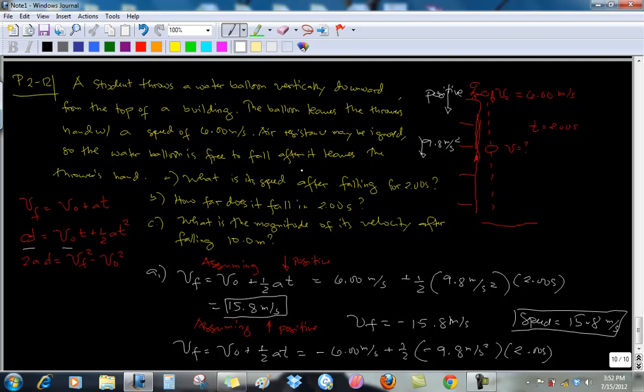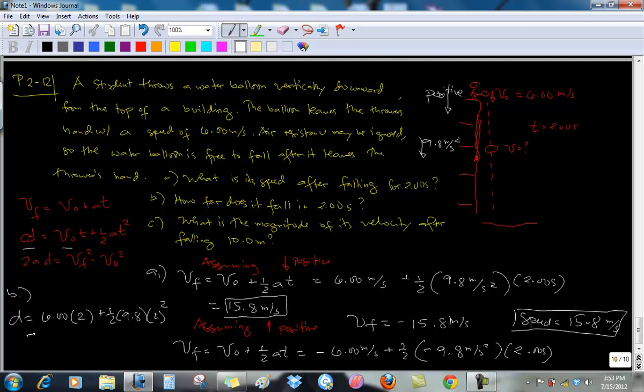V0 is 6. We know A. A is 9.8 meters per second squared and it's downward, so positive. T is 2 seconds. So, letter B can be solved by just directly substituting into this equation. D, or how far, will simply become V0 times t, 6.00 times 2 seconds, plus 1/2 of 9.8 times 2 seconds squared.